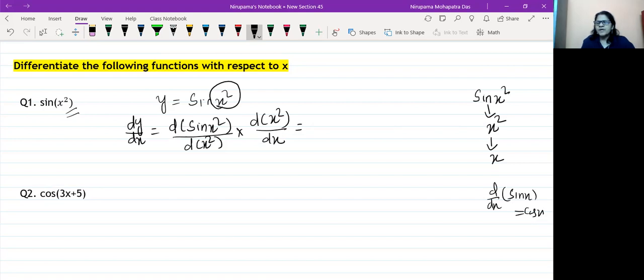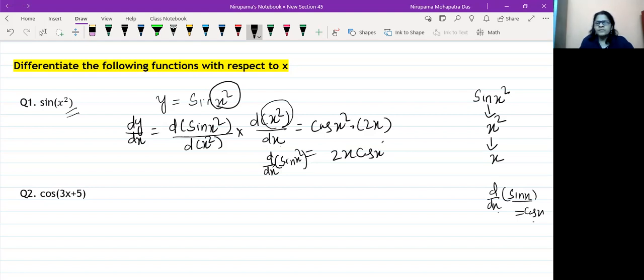So the derivative of sin x with respect to x is cos x. So the derivative of sin x square with respect to x square will be cos x square, into the derivative of x square with respect to x, which is 2x. It means we are getting d by dx of sin x square equal to 2x into cos x square.